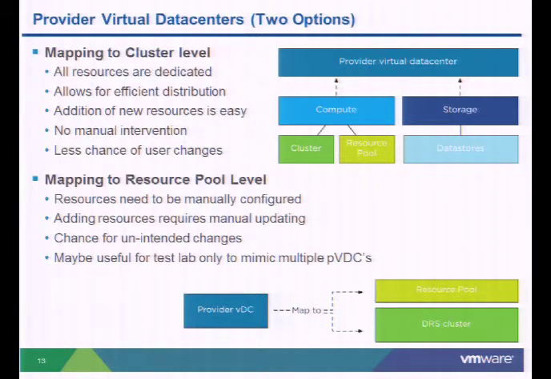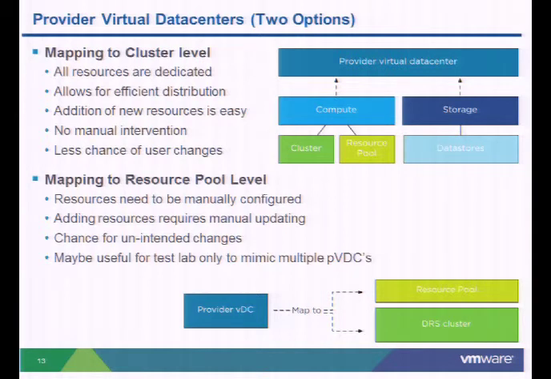From there, you can take a different approach and say, okay, I'm going to map to resource pools. A provider VDC in vCloud Director shows as one type of construct. When you look underneath in the vSphere layer, what does it look like? A resource pool. See where I'm going with this? A resource pool is the mechanism for segmentation within the resource allocation of the platform.